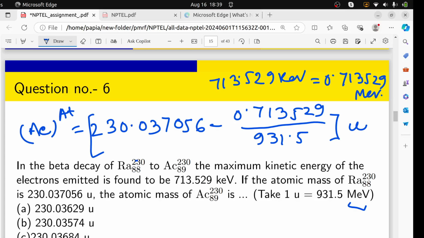So let me calculate that one. 713.529 divided by 931.5 gives 0.000766.